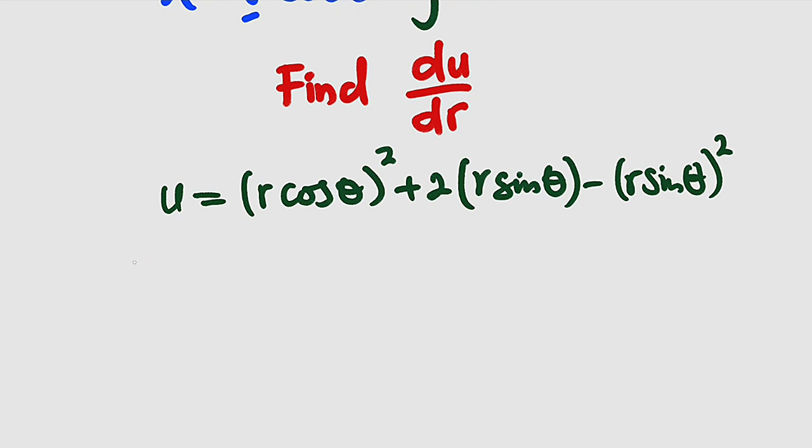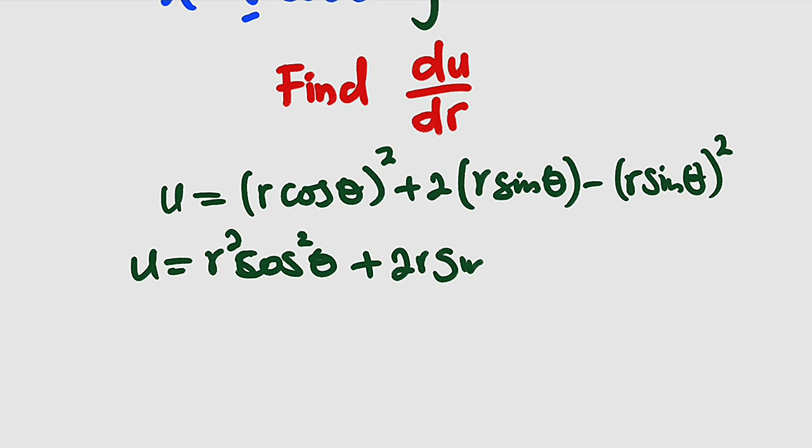Let's simplify. u is equal to r squared cosine squared theta plus 2r sine theta minus r squared sine squared theta. So we have just substituted x and y into the original function.